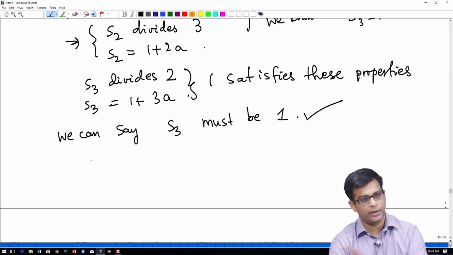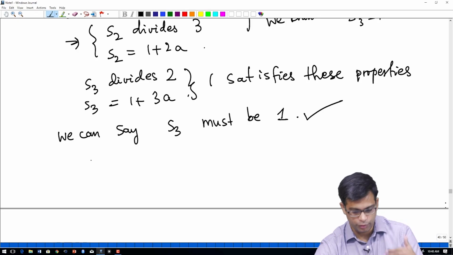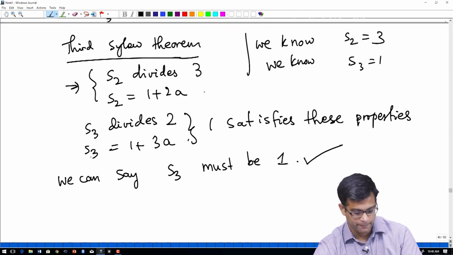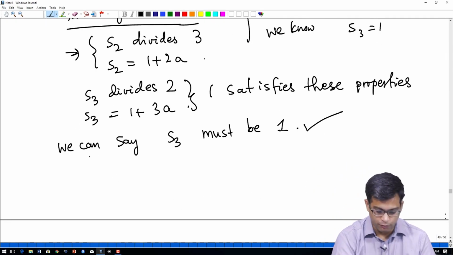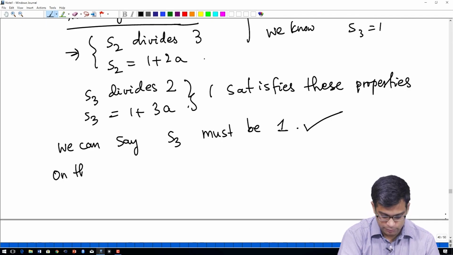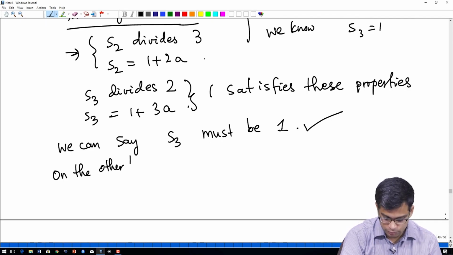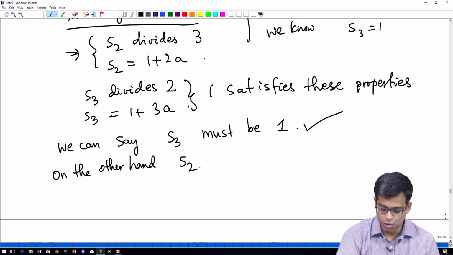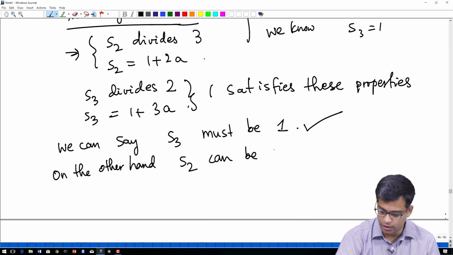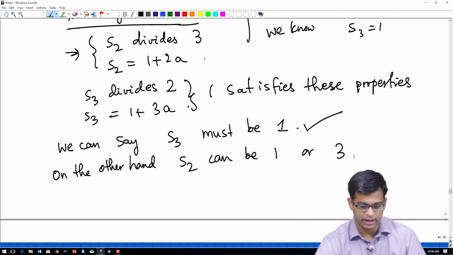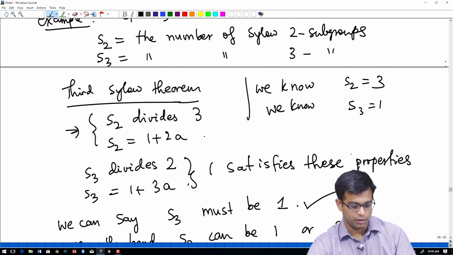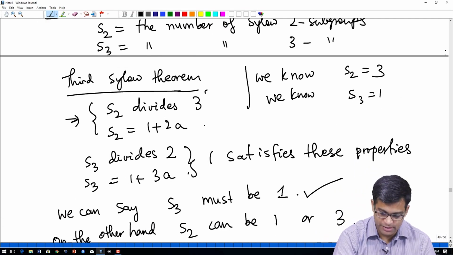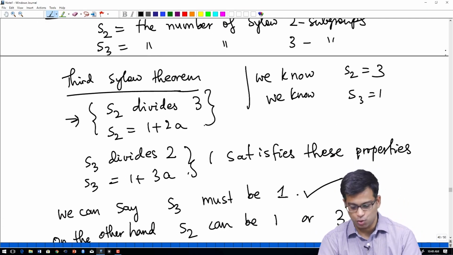This immediately, no matter what the group is, even if you did not know that it is S3, S3 must be 1. On the other hand, S2 can be 1 or 3. Why is that? Because remember the conditions are S2 divides 3 and S2 is 1 plus 2a.